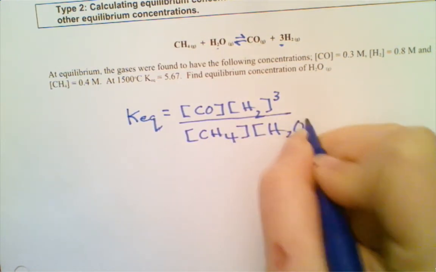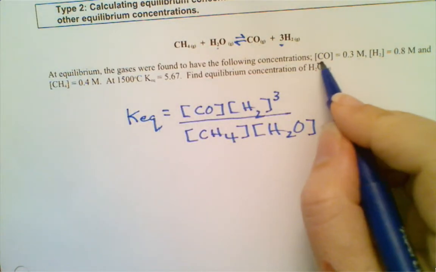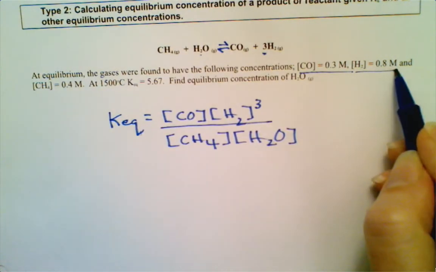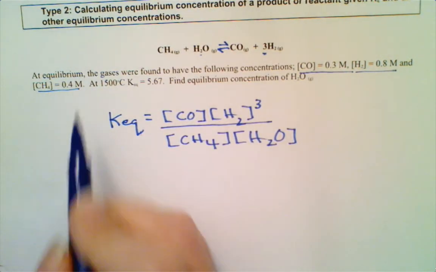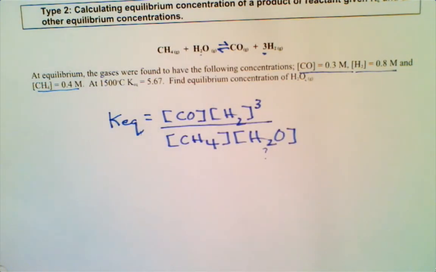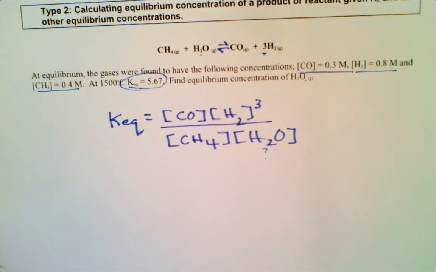Okay, and then what I do is I take a look at what is given. So I'm given the concentration of carbon monoxide, I'm given the concentration of H2 and of methane, and they're wanting you to find the concentration of water. So this is the one that we do not know. We're also given the KEQ value.